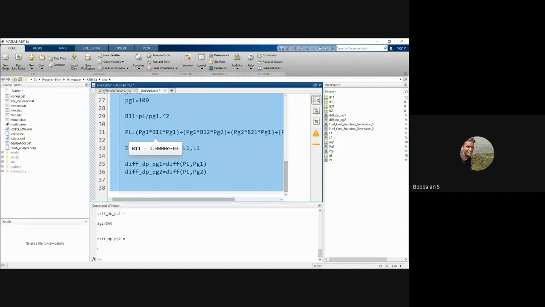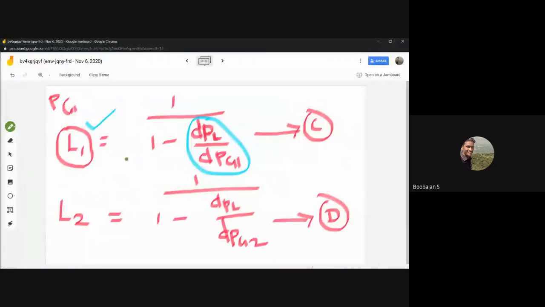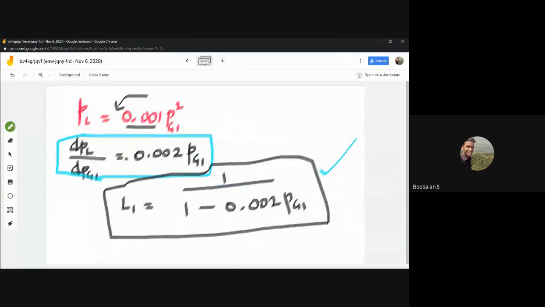Yeah, it's now working, right? So differentiation with respect to PG1 is equal to PG1 by 500, and when we calculated manually, what did we get? DPL by DPG1, what did we get? 0.002, only 0.002 into PG1.